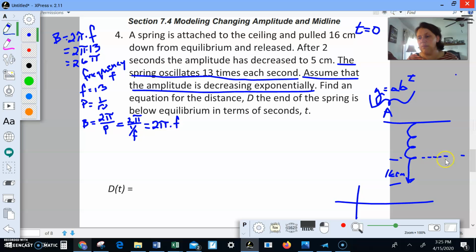This is our equilibrium. That's my x-axis in this case. But 16 is not a negative number. That's positive 16. So when we're pulling a spring down from the ceiling, we want to think of that as an upside down equation. When I think of the graph of it, it's going to be opposite of what you think. So think of that as being up here.